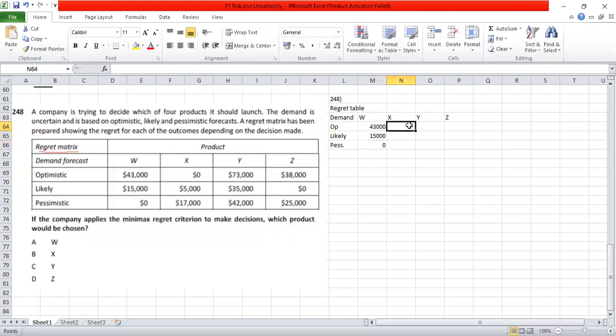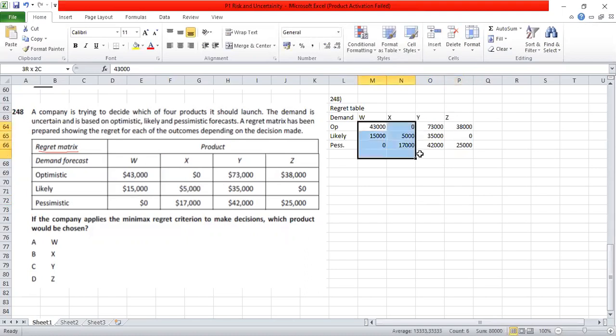And for X it is 0, 5,000, 70,000. Then Y it is 73,000, 35,000, then 42,000. Z is 38,000, then 0, then 25,000.